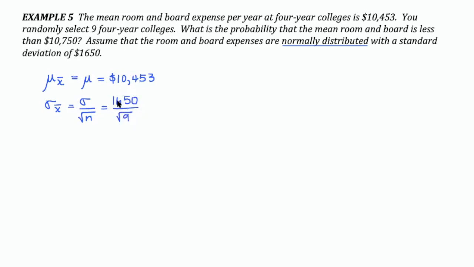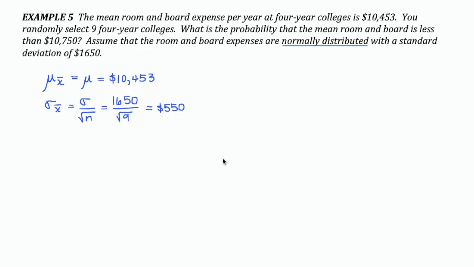And this time, this is a nice value because square root of 9 is just 3. We can do 1650 divided by 3 and get exactly 550. So in this case, it is okay if you go that one step further and get a number because we're not cutting off any decimal places.